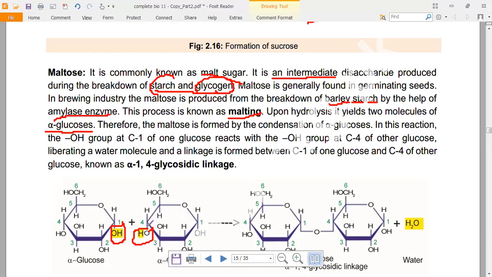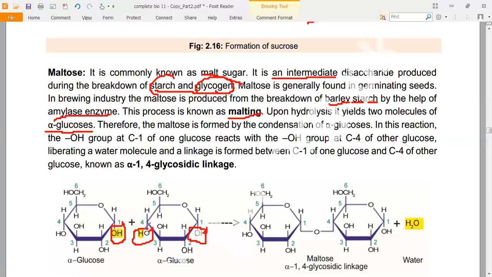This is alpha glucose also, because here at carbon number 1 the hydroxyl group is present below in orientation, here also at 1 below orientation, but they are linked with carbon number 1 and 4.